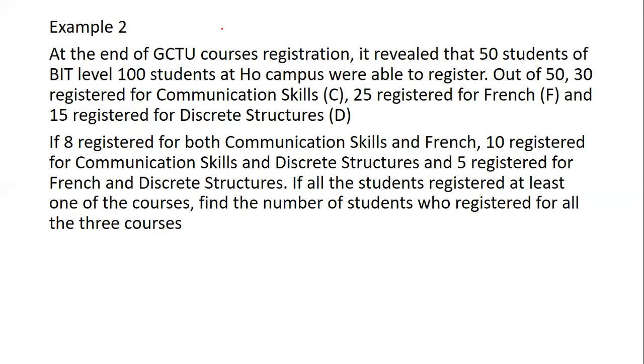So F is for French, C is for communication skills, and D is for digital structure. So we have N of C, which is 30, N of F, which is 25, and N of D, which is 15. Then we have the intersection of two of them. So we have N of C inter D.